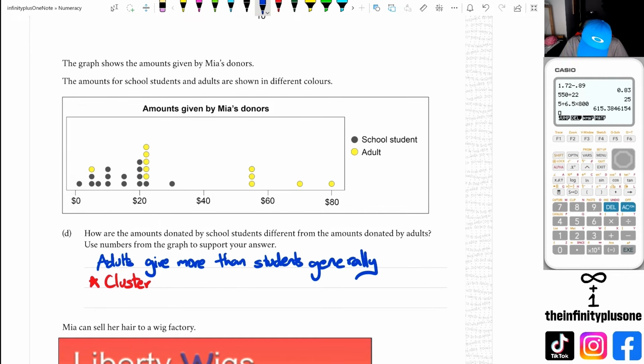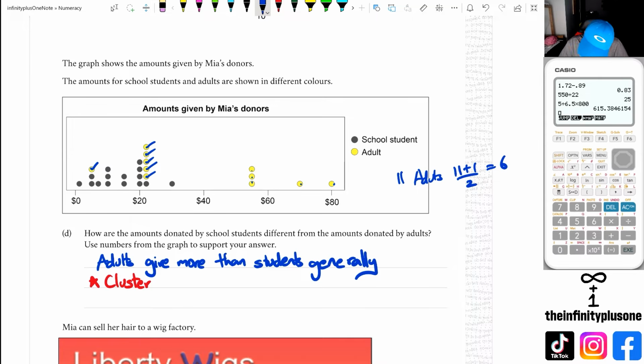If you look at it, we've got 1, 2, 3, 4, 5, 6, 7, 8, 9, 10, 11 adults. So we've got 11 adults, which means to find the median, we're going to go 11 plus 1 divided by 2, which is 6. So 1, 2, 3, 4, 5, 6.